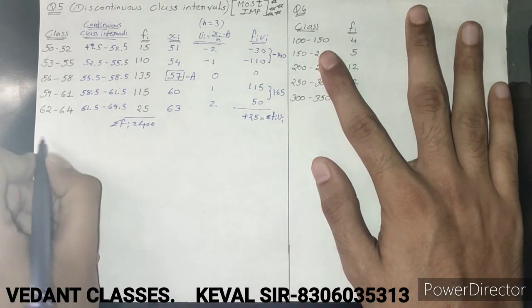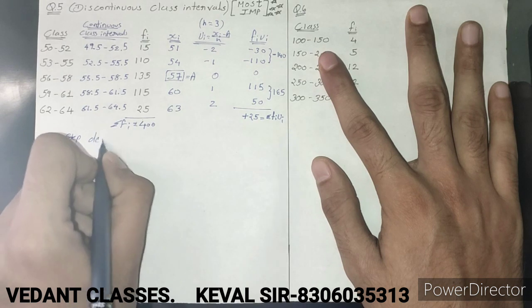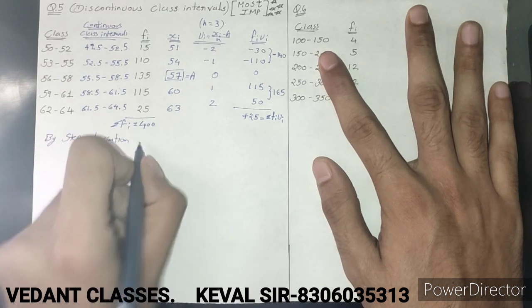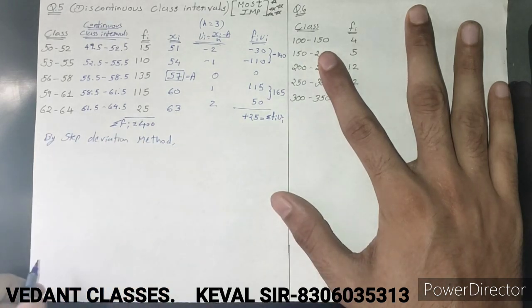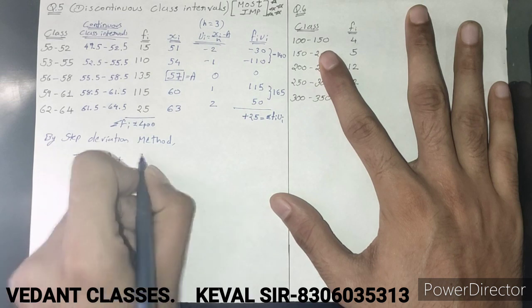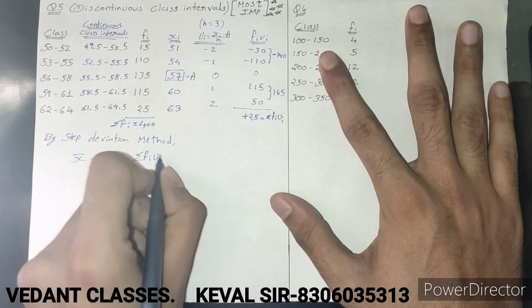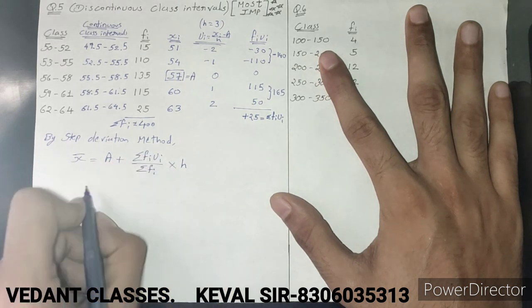Now by step deviation method, let's write the formula. X bar is equal to a plus sigma fi ui upon sigma fi into h.